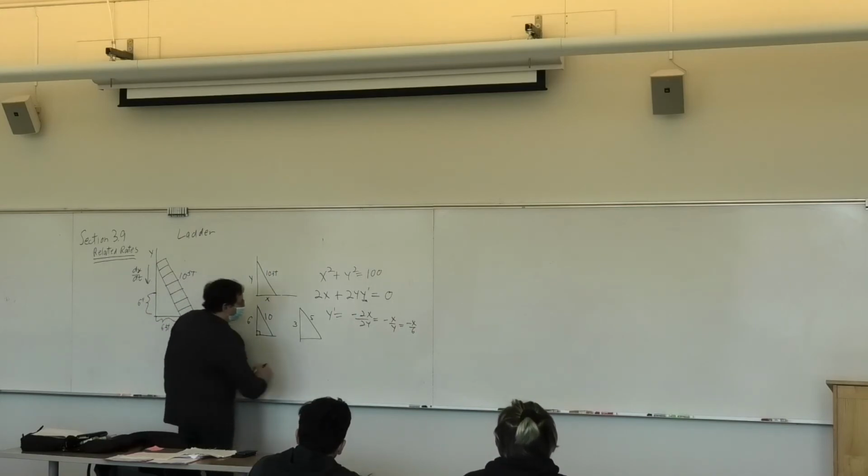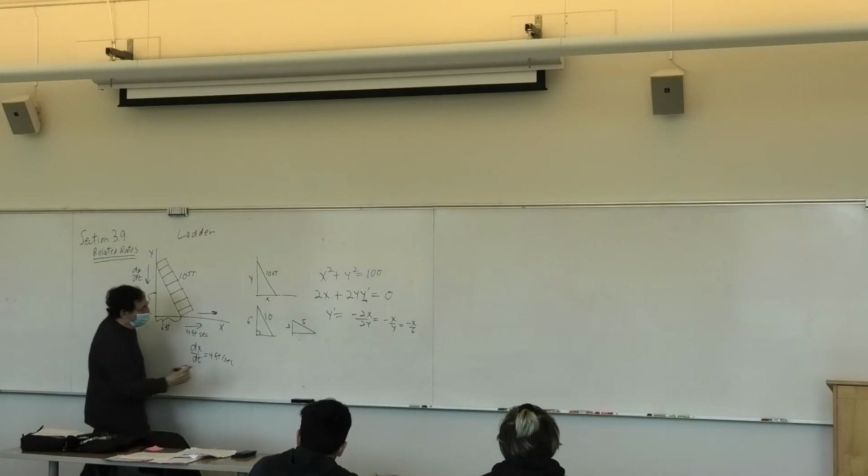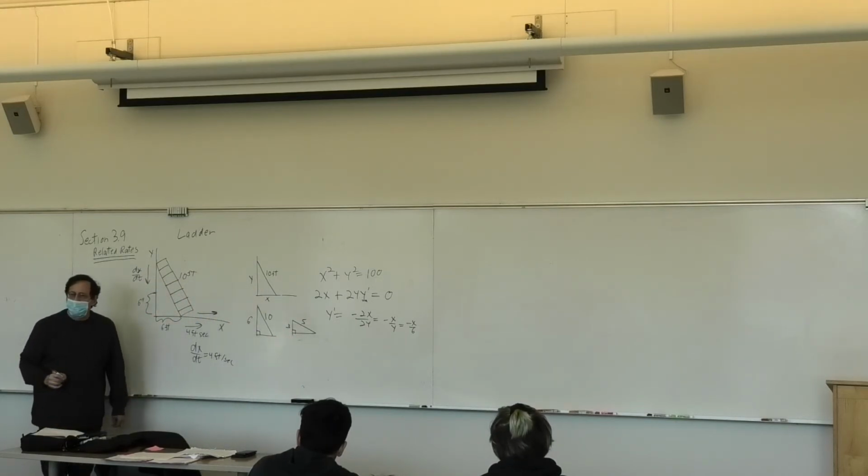It'd also be easier if I drew it more in perspective. Well, yes, this is maybe a little further. Everyone recognize this triangle for what it is? Yeah, 3, 4, 5 right triangle.